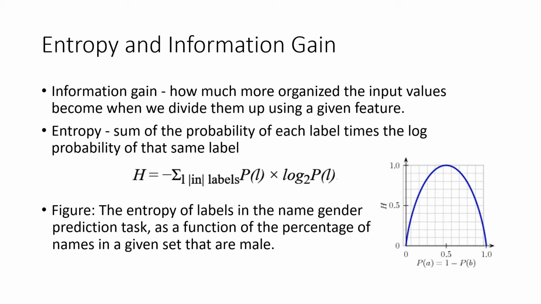For example, this figure shows how the entropy of labels in the name-gender prediction task depends on the ratio of male to female names. Note that if most input values have the same label, for example, if P of male is near 0 or near 1, the entropy is low.